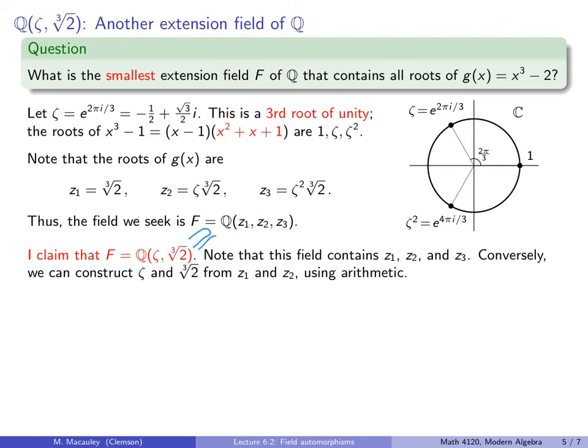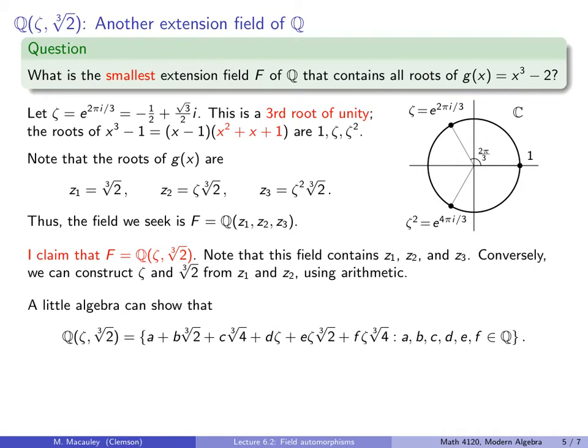Well, what if I take z2 and I'm allowed to divide by z1, then I get zeta. And so indeed, every generator of this field is in that field, and that proves this containment. So they have to be equal. And that establishes this claim, that our field F is equal to Q adjoined zeta and cube root of 2.